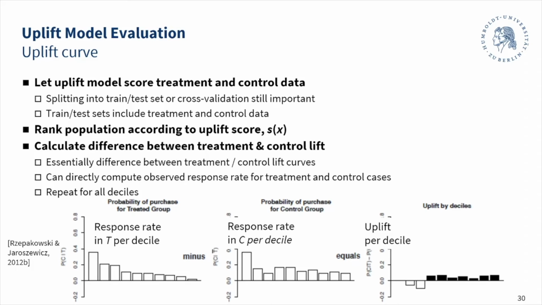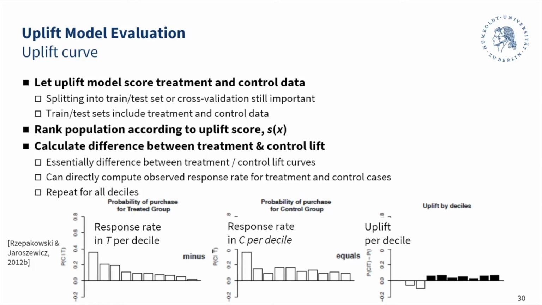Based on these orderings, you can do a lift curve. We did it last week, and this is what you see here. And then you have the response rate per decile.